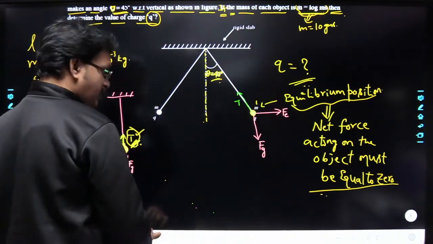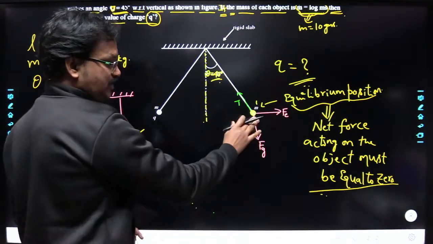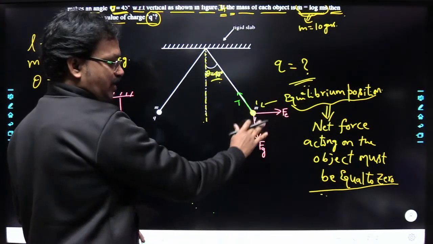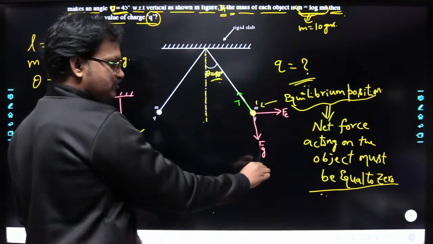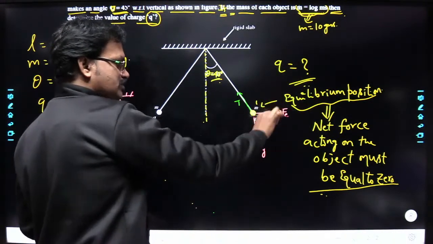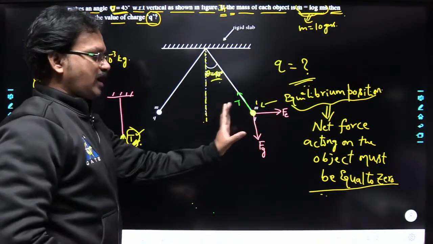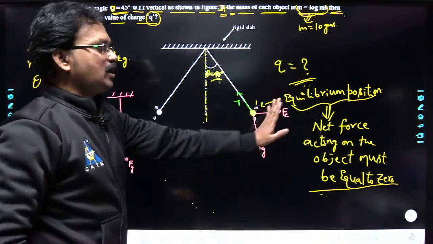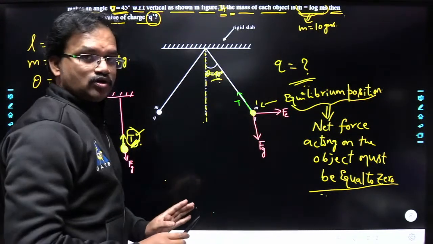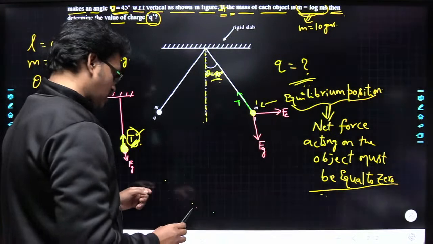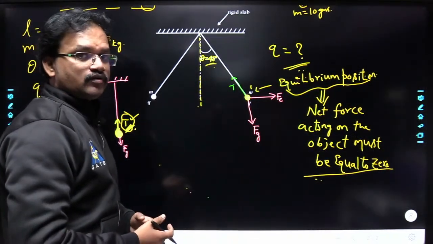So these are the three forces acting on this object having mass M and charge Q. One is the gravitational force, another is the electric force, and another is the tension in the string. The object is in equilibrium, which means the net force acting on it must be equal to 0. So we have to add up all these forces and equate it to 0.